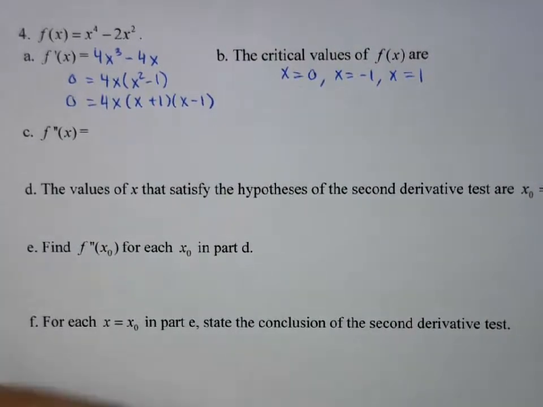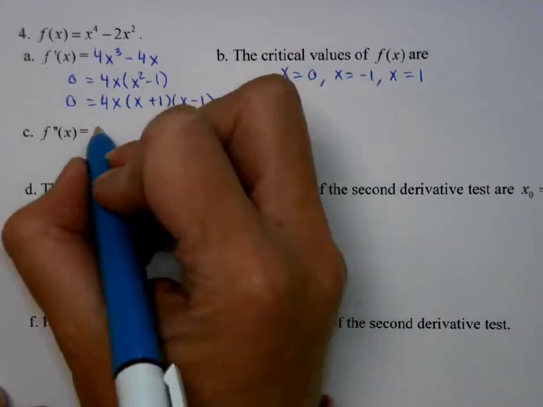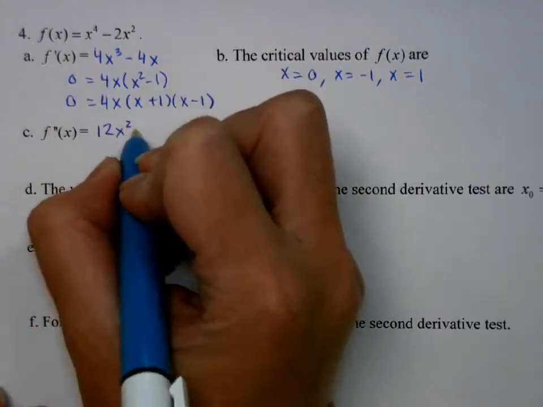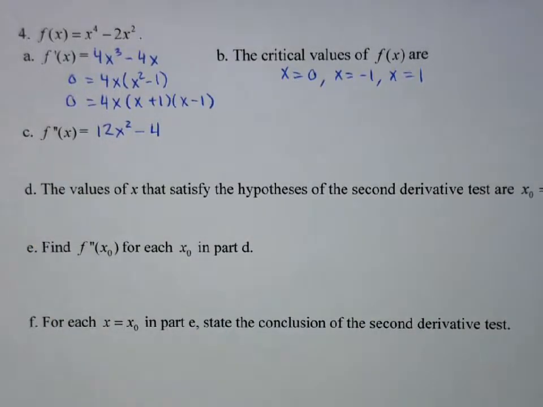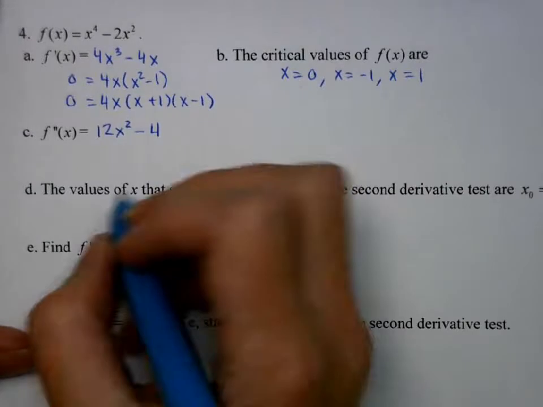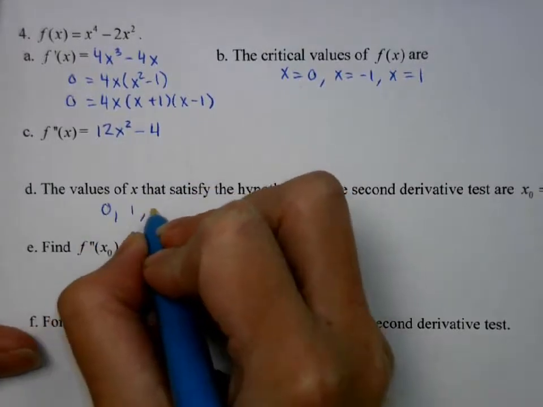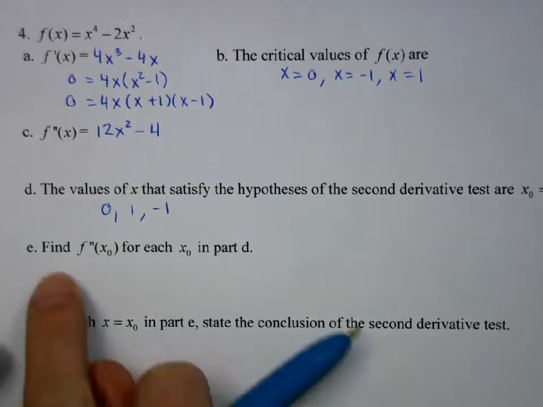To determine whether those are maxes and mins, we can use the second derivative test. So we'll take the derivative of this, which will be 12x squared minus 4. The values of x that satisfy the hypothesis, which says the derivative is 0, are these values: 0, 1, and -1. So we're going to evaluate each of those in the second derivative.